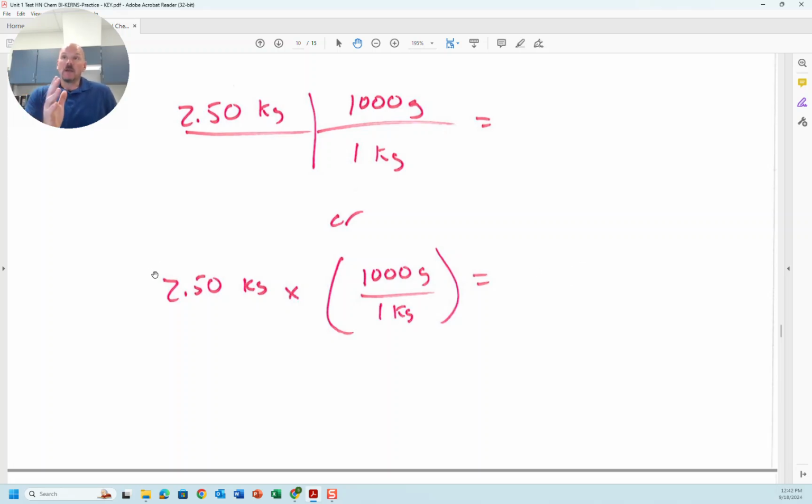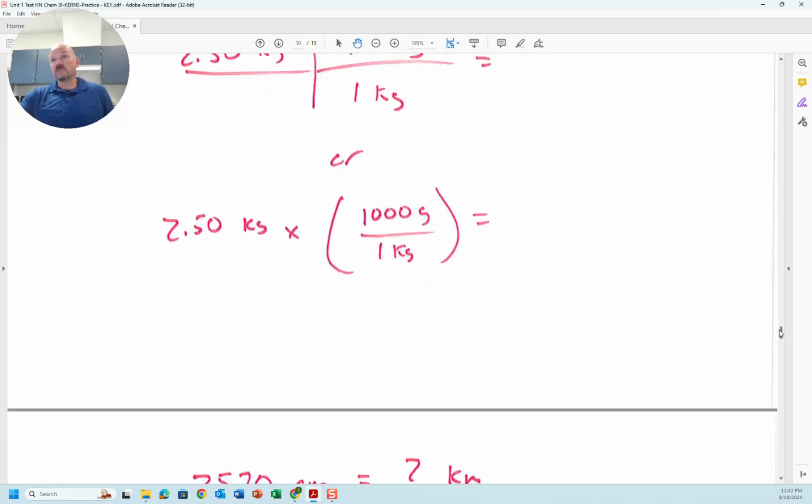We haven't changed the value of the measurement, we've just changed the unit. If I give you 2.5 kilograms of something, that's the same thing as me giving you 2,500 grams of something. Unit conversion is just saying, here's the measurement expressed with this unit, and here's that same measurement with the same value, just expressed in that unit. That's all dimensional analysis is.